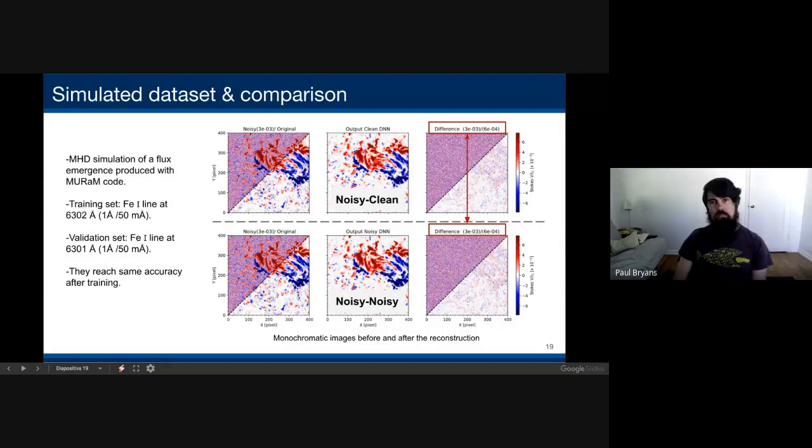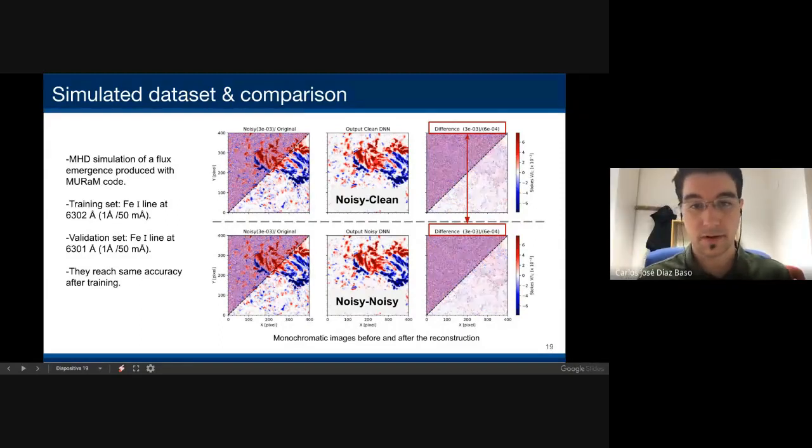So it will not work very well at those scales. But for things that are a bit larger, it will work much better.